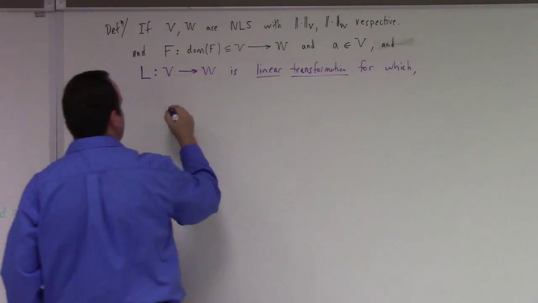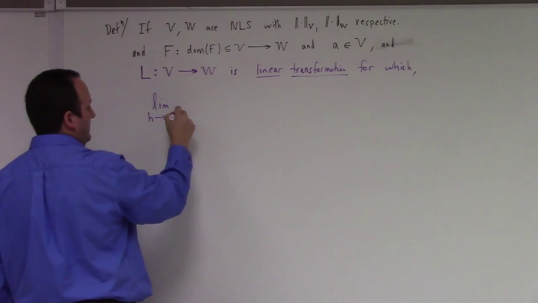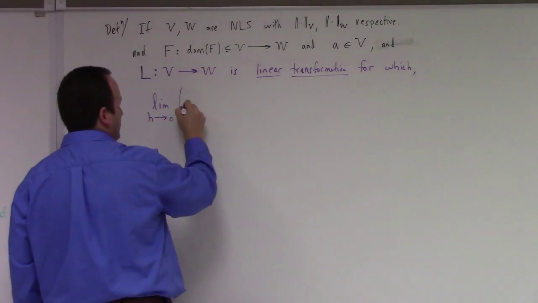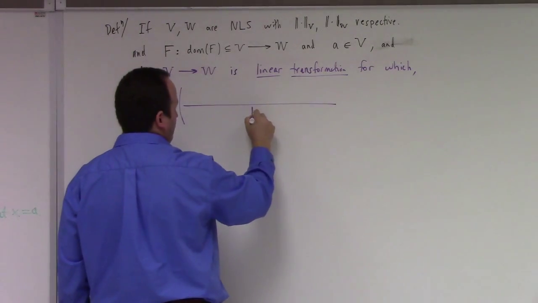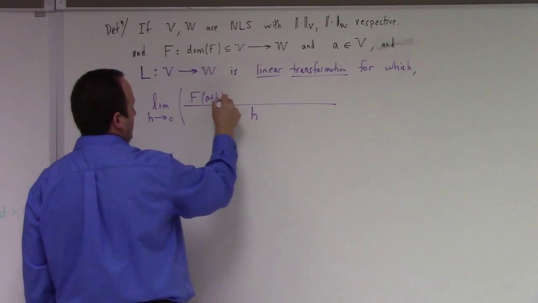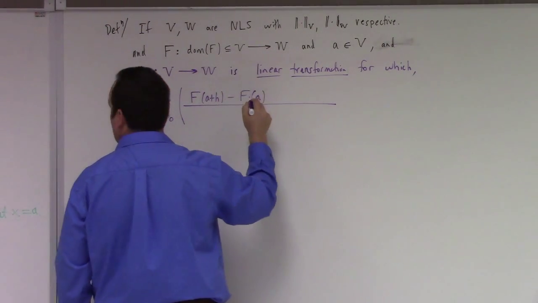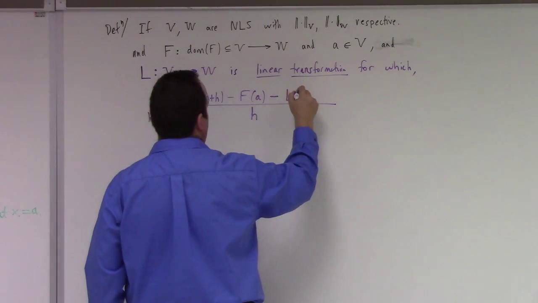and then here it is, the limit as h goes to 0 of, in parentheses, a big old denominator, h downstairs, big F of a plus h minus f of a minus L of h.